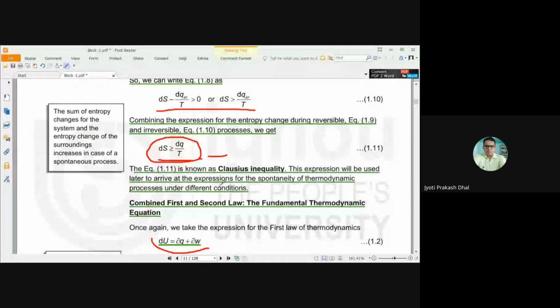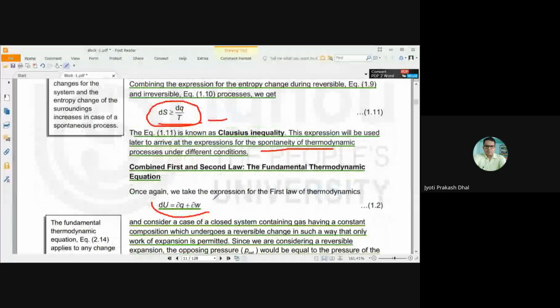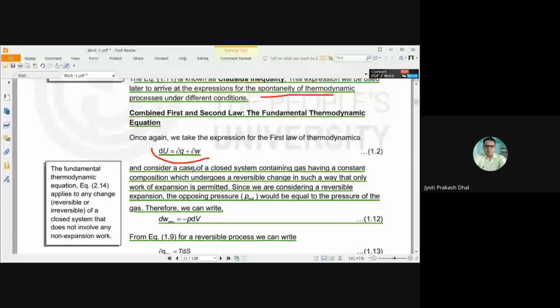This expression will be used later whenever we derive the expression for spontaneity of thermodynamic processes. And after that we will go to the combination of first and second law.